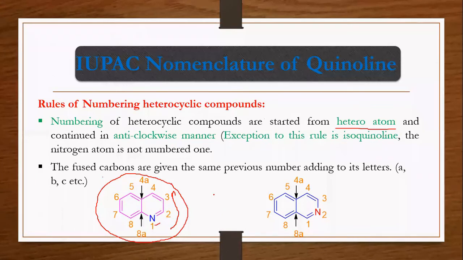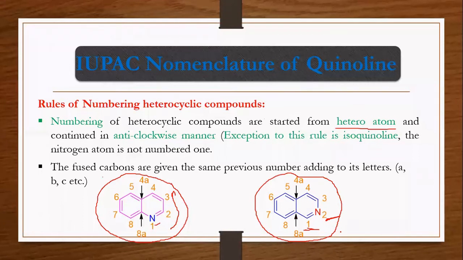But there is an exception, and it is observed in case of isoquinoline. As per the rule, numbering is started from the heteroatom, but isoquinoline is an exception, and numbering is started from this carbon atom, which is close to the point of attachment of two rings.